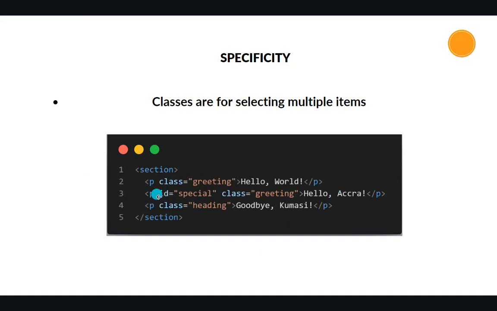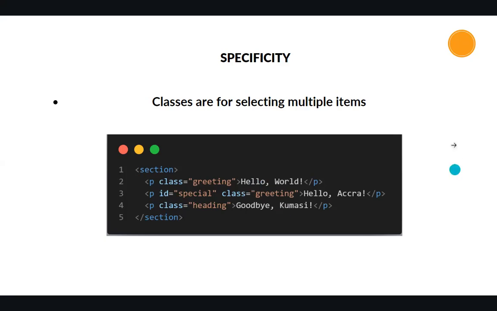If I used the element tag to select the paragraph and gave it a text color of blue, and then somewhere used the ID to select the same thing and gave it a color of green, the ID will overwrite it. Why? Because IDs are heavier in weight, so IDs have higher specificity.